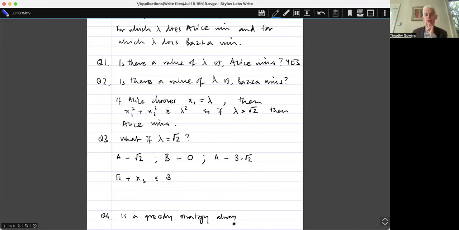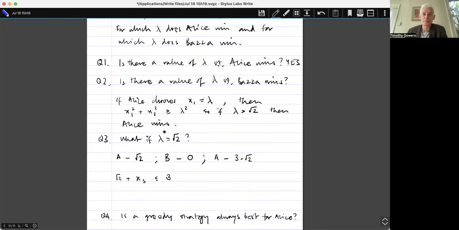In other words, does it always favor Alice to choose her number to be as big as possible, given the constraints? And certainly if Alice wants to defeat Bazza at the next move, then Alice should make life as hard as possible for Bazza by making her number as big as possible.